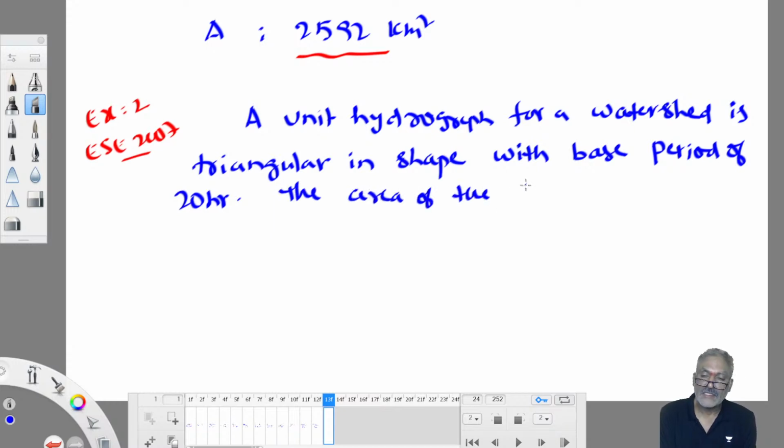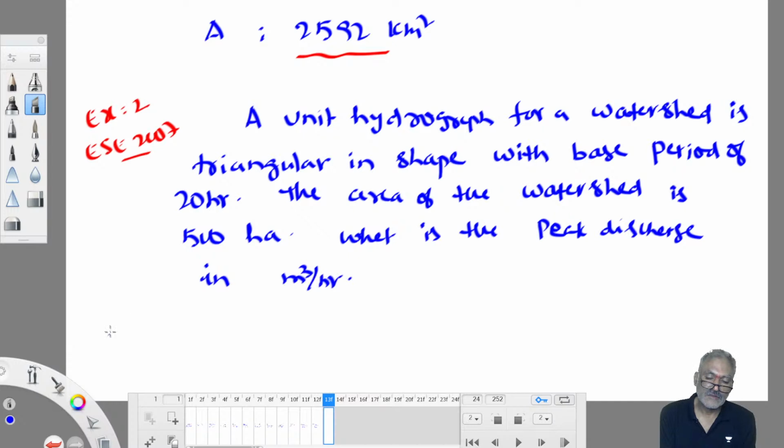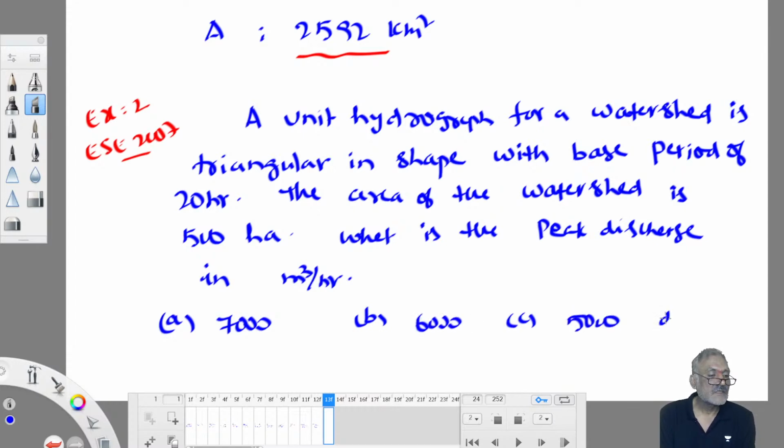The area of the watershed is 500 hectares. What is the peak discharge in meter cube per hour? Options given are 7,000, 6,000, 5,000 and 4,000. Come on, work out, all of you.